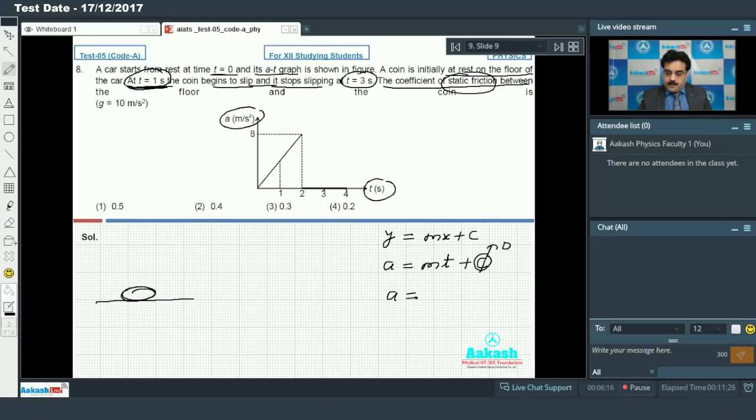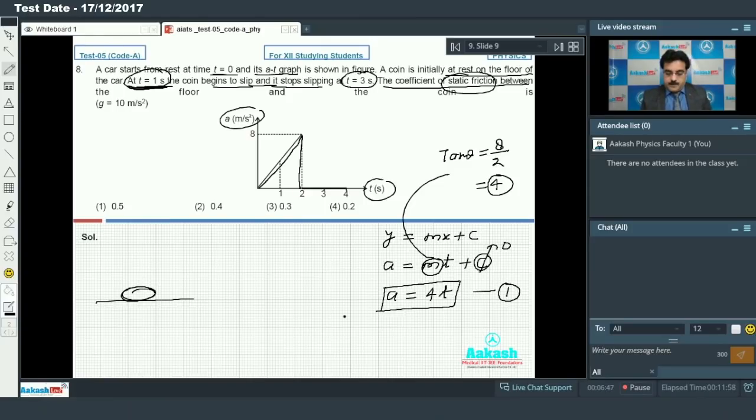So we'll get a equals, I need the slope m, and slope m is calculated by tan theta. Tan theta is 8 upon 2, so we'll get 4. So the acceleration is given by 4 into t, this is my equation number 1. So this is the equation for the given graph for t.